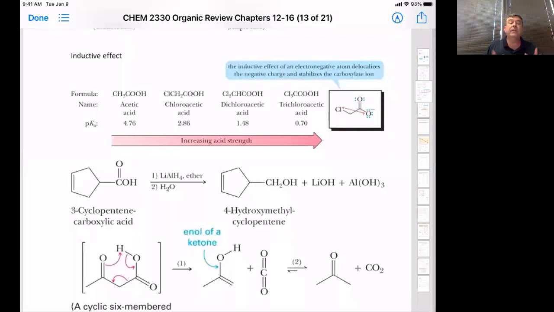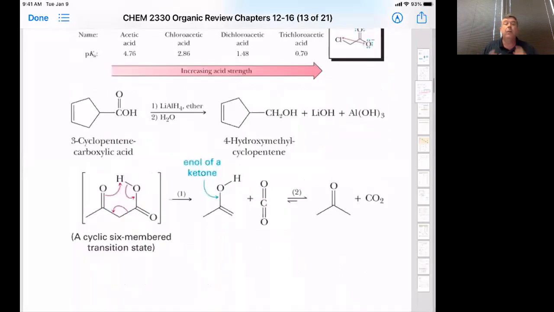And then we took advantage of that enol keto tautomerism that we learned about in the previous chapter for looking at a way to easily decarboxylate something. But you had to have a ketone in that beta position. A carboxylic acid with a beta ketone allows you to form that six-membered ring, which kicks out that enol form of the ketone, which of course rearranges to give us our ketone and CO2.